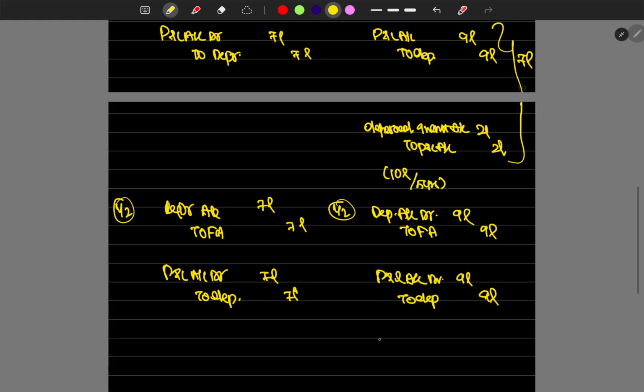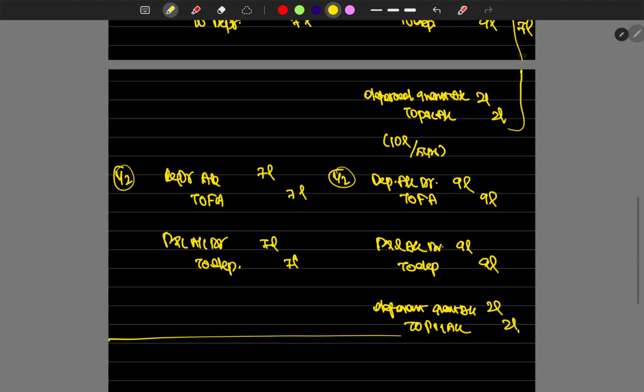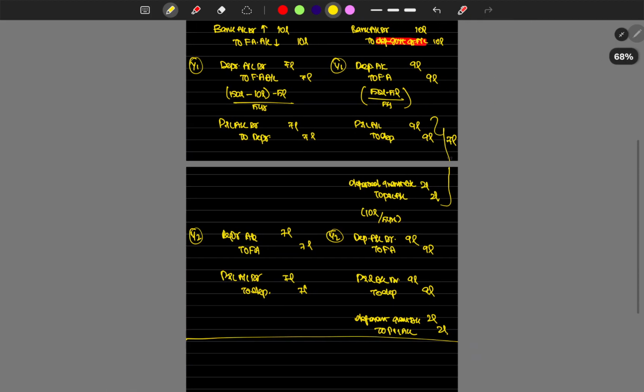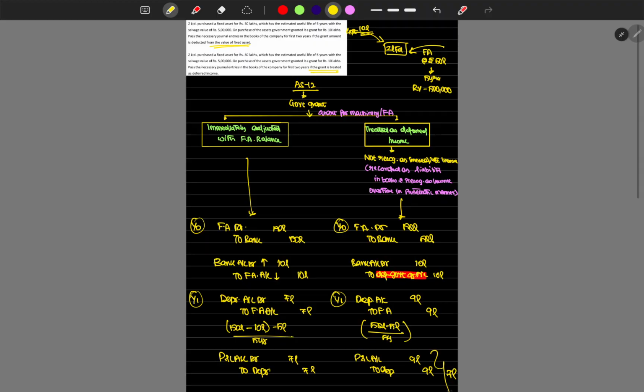Then we recognize the deferred grant of rupees 2 lakh for the second year. That's it, problem over.